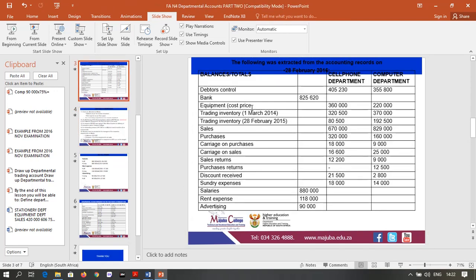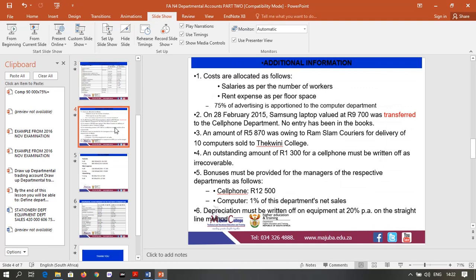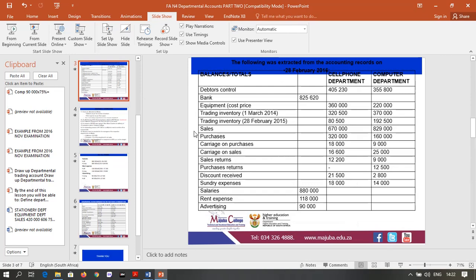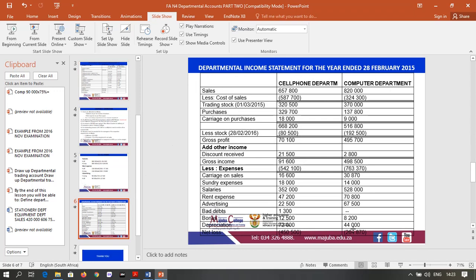There is 360,000 for cell phone times 20%, which is 72,000 rand. That is how it comes about. The same thing applies to computer: 220,000 times 20% gives you 44,000.